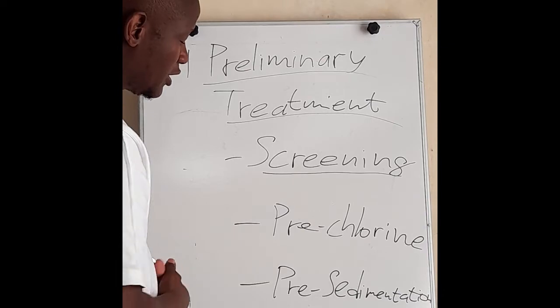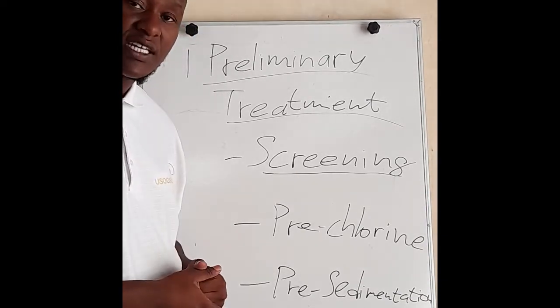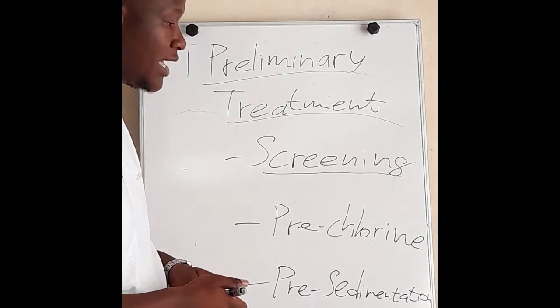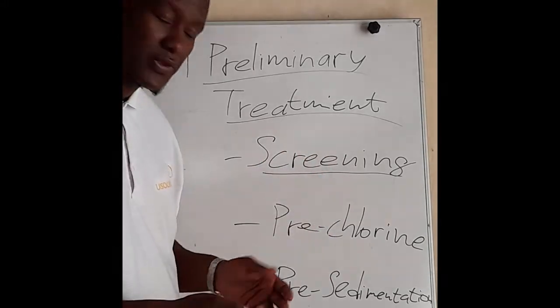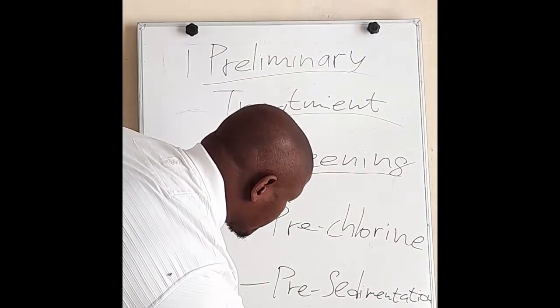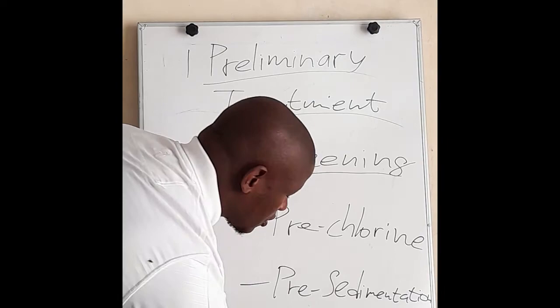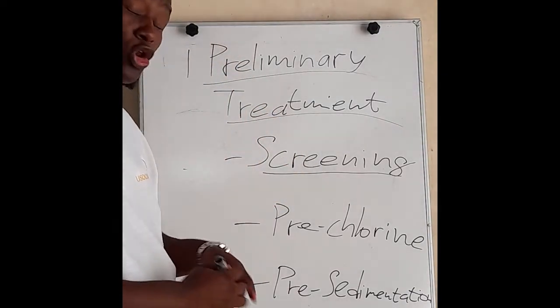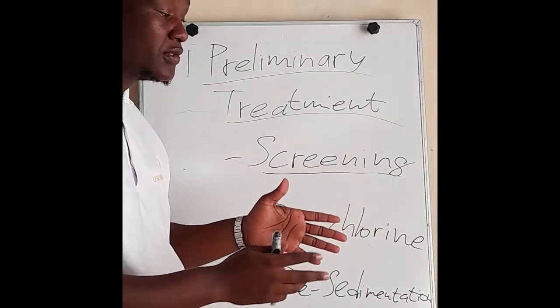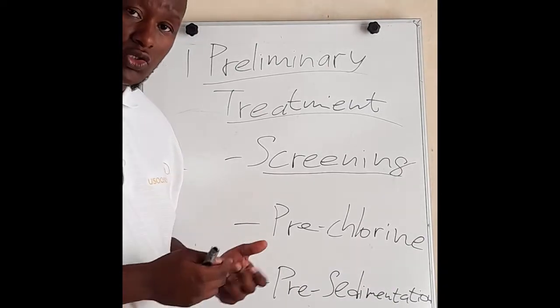And then thirdly, you'll have what's called pre-sedimentation. You normally get grit channels. They are long, narrow channels where the velocity of the water is normally quite slow.